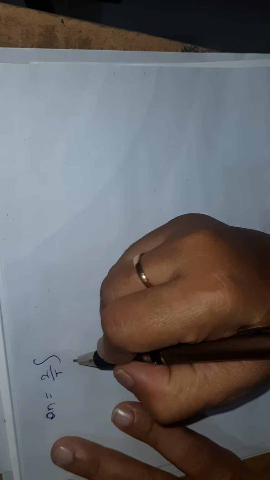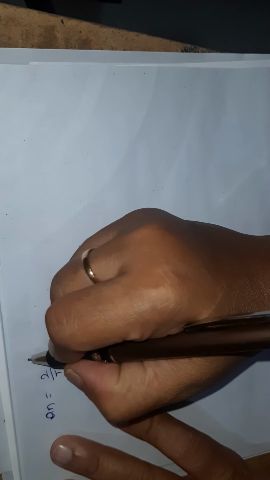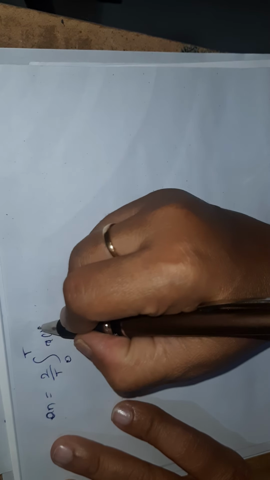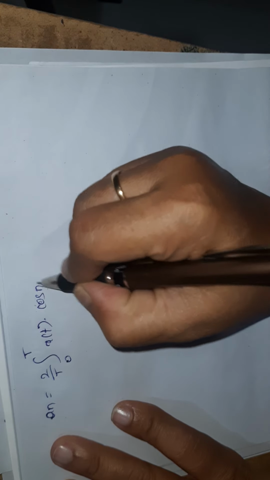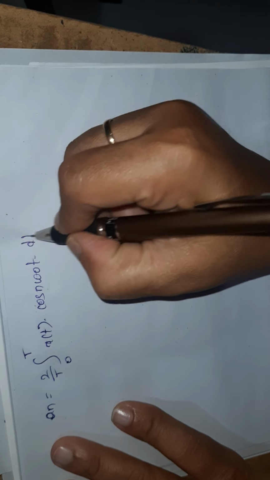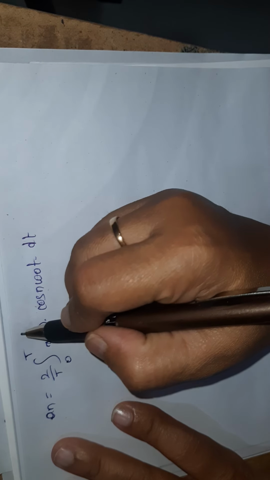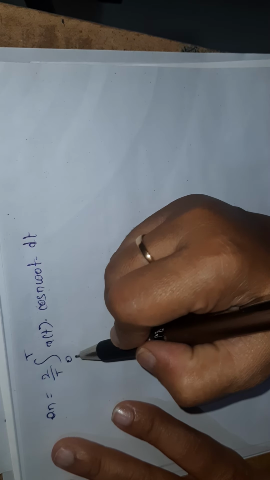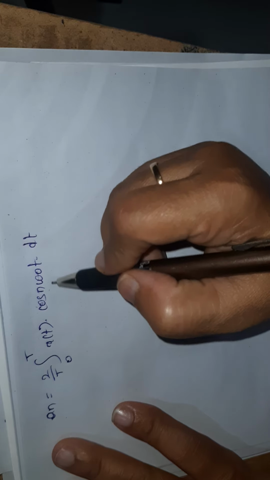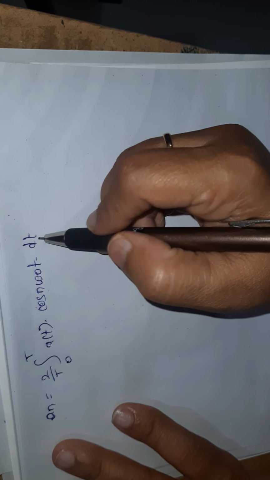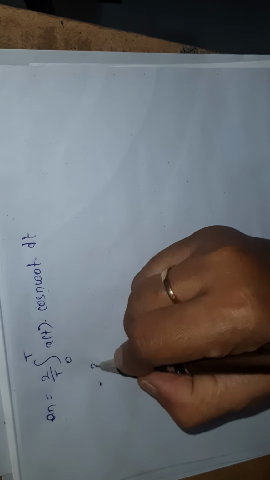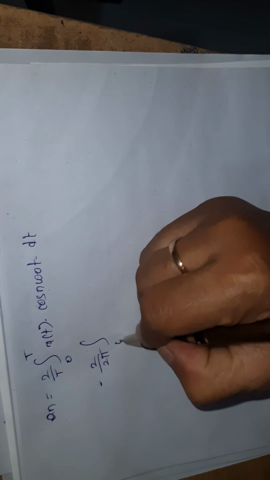What is the formula for a n? a n is equal to 2 by T integration 0 to T of x of t cos n omega naught t dt, where the limits are t naught to t naught plus capital T, and here t naught is equal to 0. Here T is nothing but 2 pi, so 0 to 2 pi.